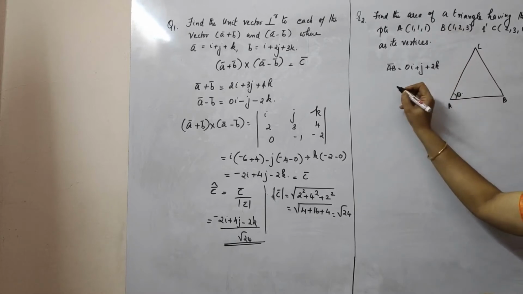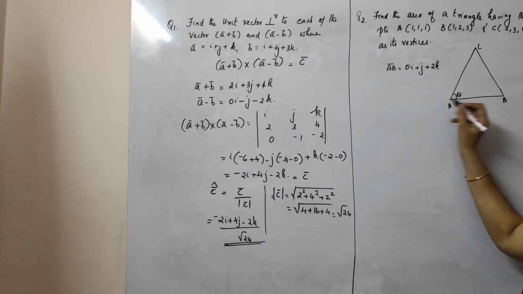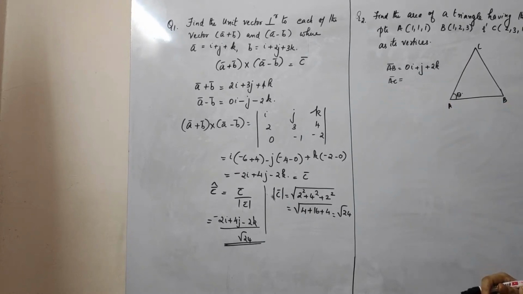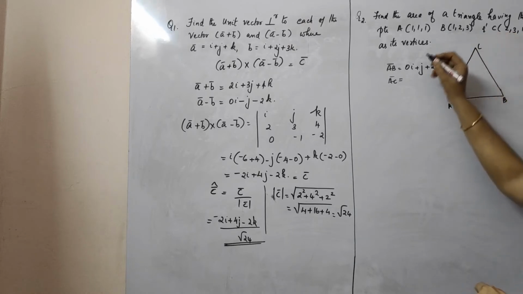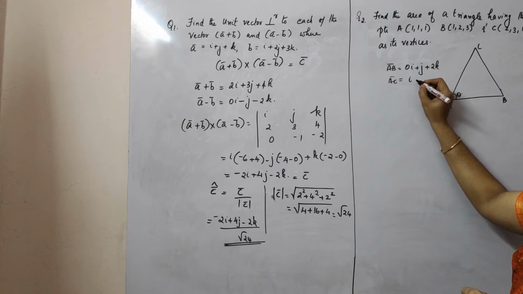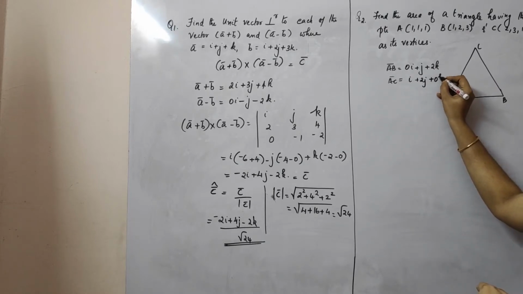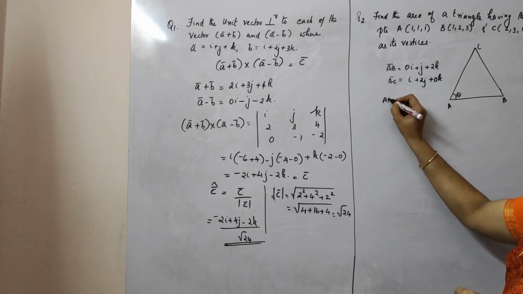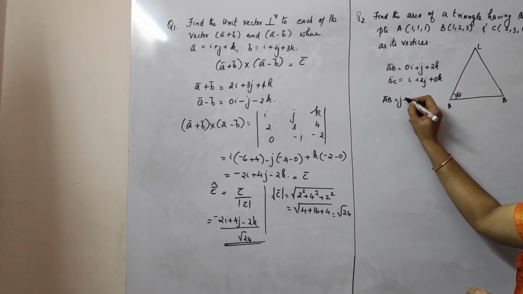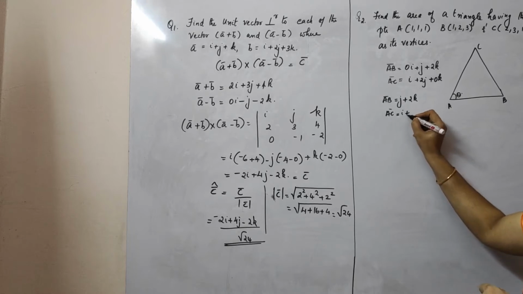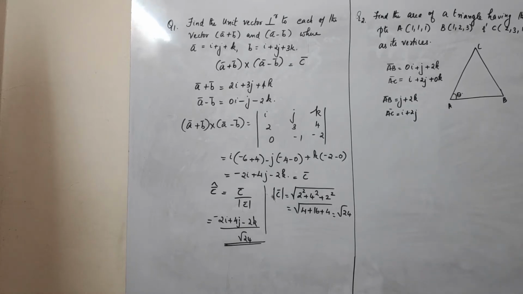Now what is vector AC? Vector AC is equal to vector C minus vector A. That is 2 minus 1, i, plus 3 minus 1, 2j, plus 0k. So vector AB is j plus 2k, and vector AC can be written as i plus 2j.